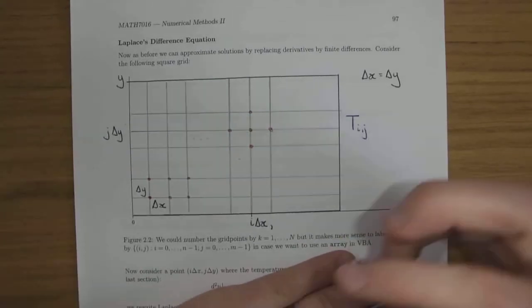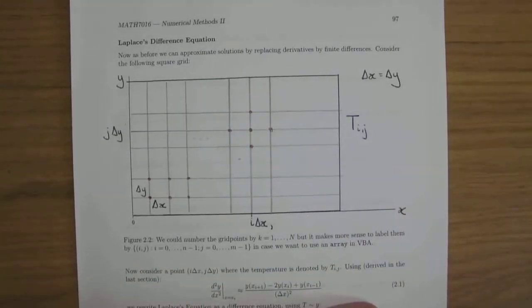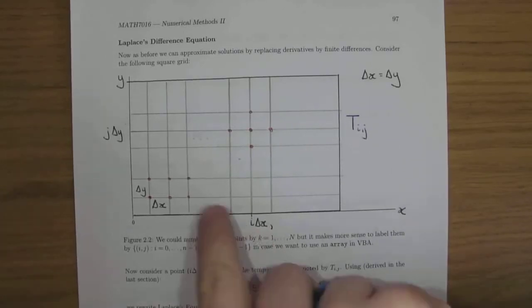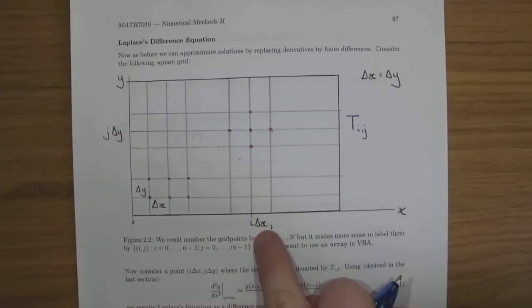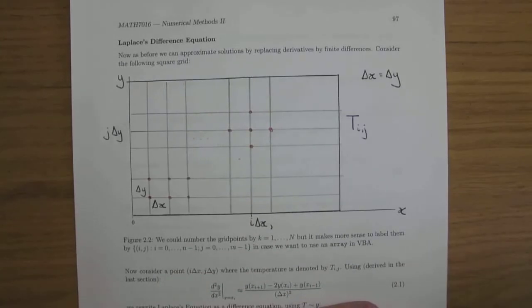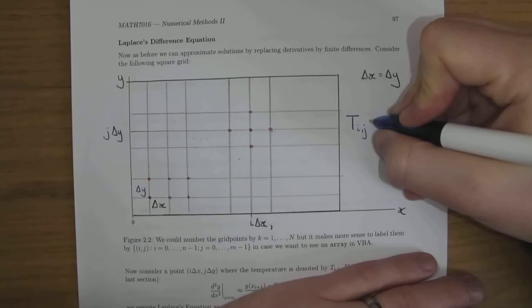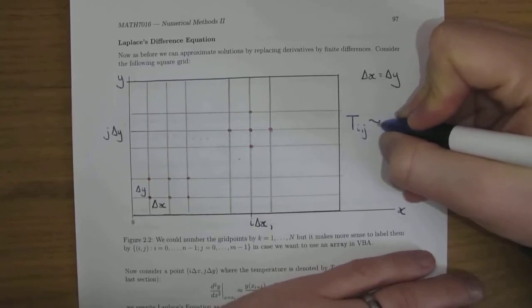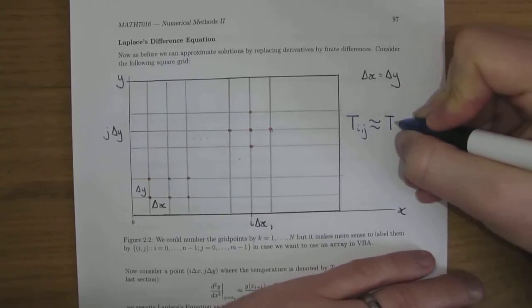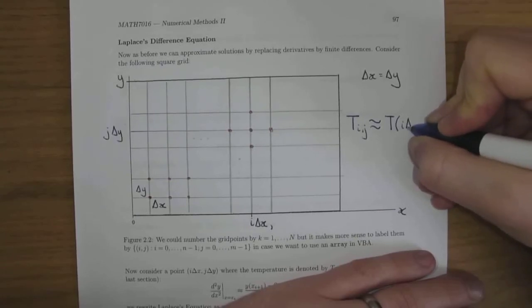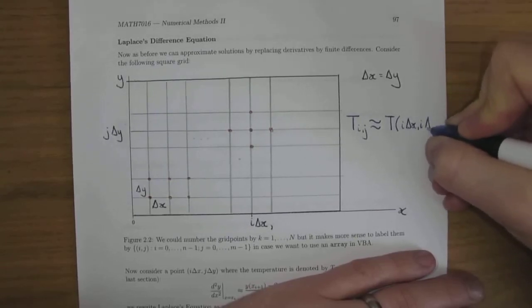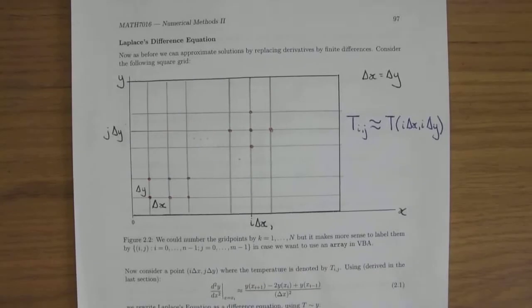Now I could write that this is equal to the temperature at, you could call this x_i, y_j, but it's actually i times delta x, j times delta y. But this is going to be an approximation, so I'm just going to write this will be an approximation of the temperature at i delta x, j delta y.